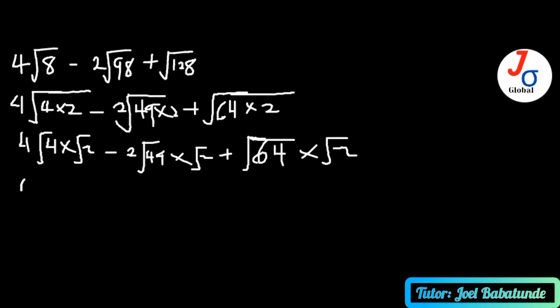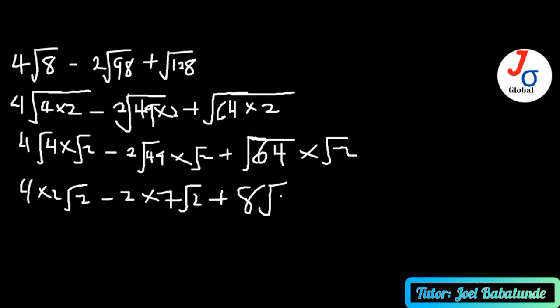Okay, so that's 4 root 4 is 2, then root 49 is actually 7, then plus root 64 is actually 8, then root 2. Then I have 4 times 2 is 8 root 2. Then this 2 times 7 is minus 14 root 2, and plus 8 root 2.